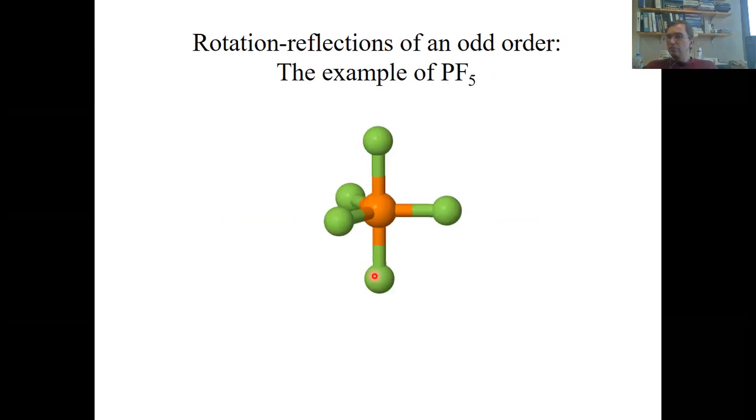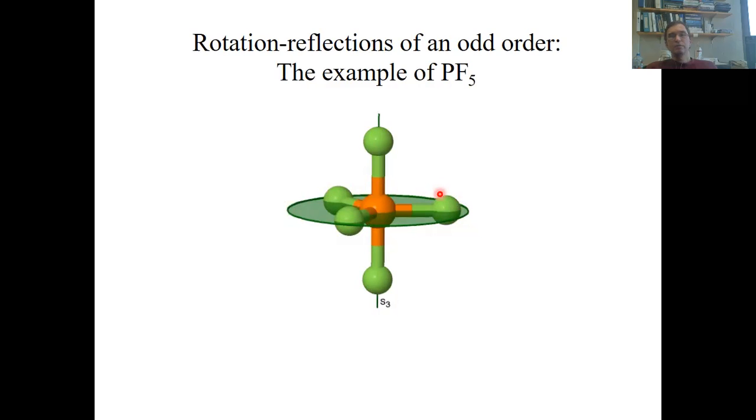Okay, so let us do this by one example, and I think we still have time for that. So here is the example of a PF5 molecule, which has a trigonal bipyramidal shape. So we have here an S3 improper rotational axis, and the mirror plane stands perpendicular to that.